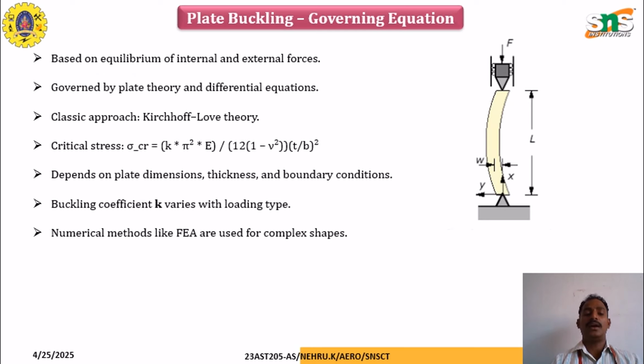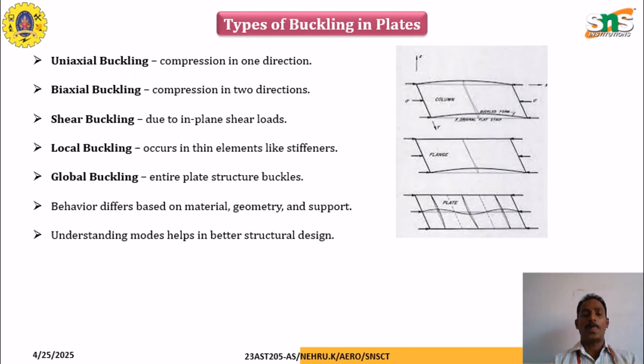This can be analyzed numerically using finite element analysis with tools like ANSYS and Abaqus and so on. Coming to the types of buckling in plates: compression load in one direction is called uniaxial buckling. Compressive stress in two directions we call biaxial buckling.